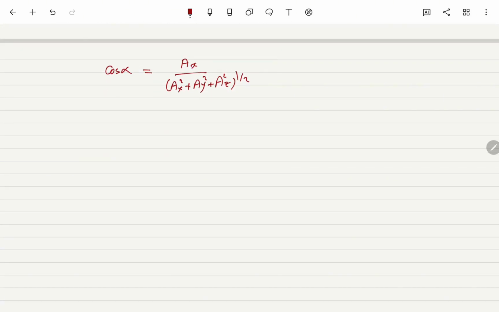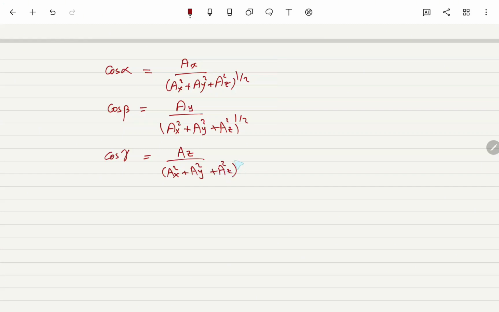And if we follow the same procedure, cosine beta equals AY divided by (AX squared plus AY squared plus AZ squared), all to the power half, and cosine gamma equals AZ divided by (AX squared plus AY squared plus AZ squared), all to the power half.